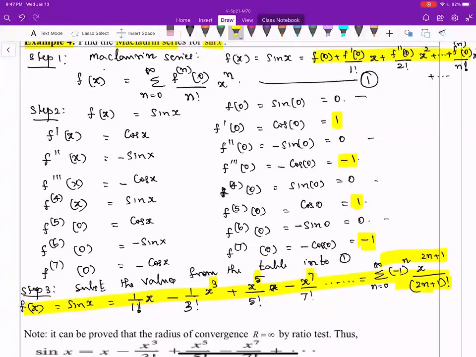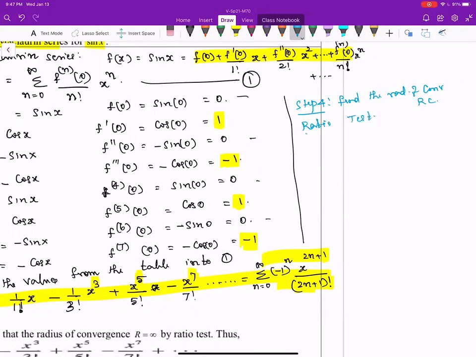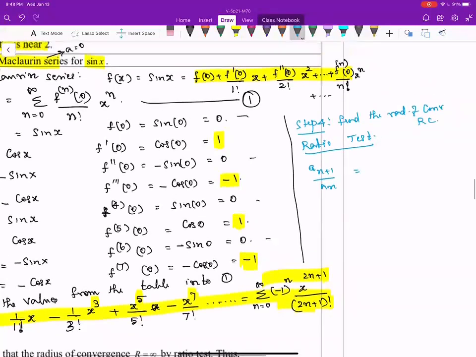So how do we then prove the radius of convergence? That needs to be done as well. So step 4 is to find the radius of convergence. As usual, we will apply only the ratio test for this. So we will do a sub n plus 1 over a sub n. From what we have written in the step, without the sigma, that will be our nth term.